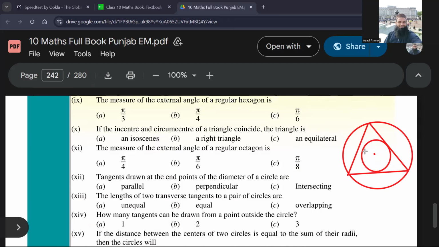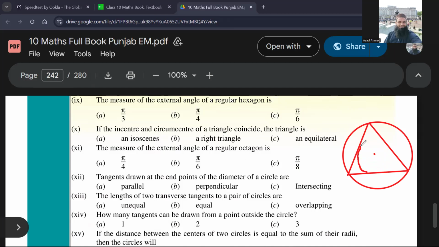Wait a second. The diagram is not important to draw at that time. I will draw freehand.